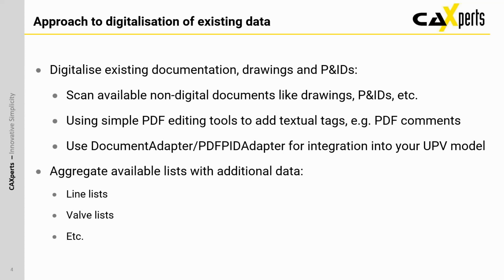Then you could use the document adapter or the PDF PID adapter for integration of exactly these documents into your UPV model. You can aggregate available information and lists with additional data like line lists, valve lists, equipment lists, and so on.